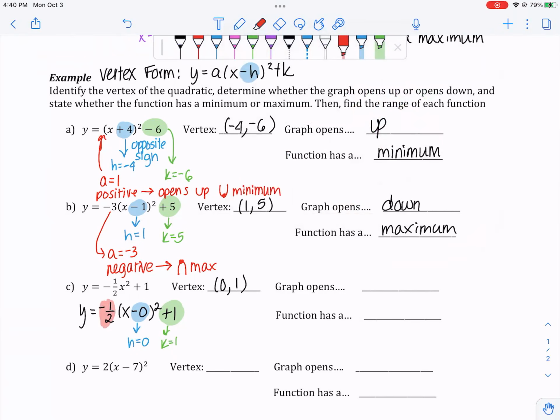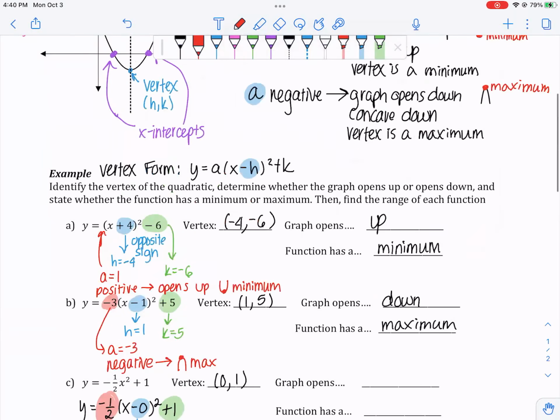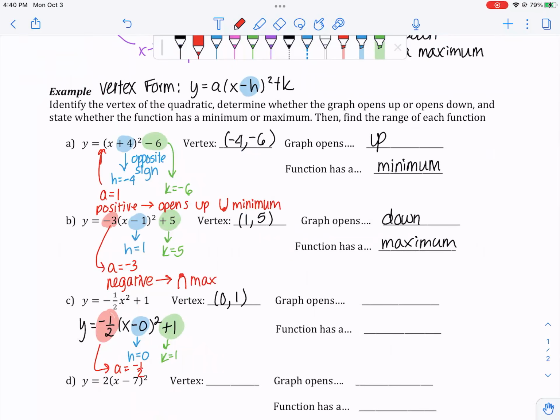The a value is this value out front. So a is equal to -1/2, which is negative. Which means it opens down, which means we have a max. I draw that picture every time, right? I don't like to memorize open, min, down, max.